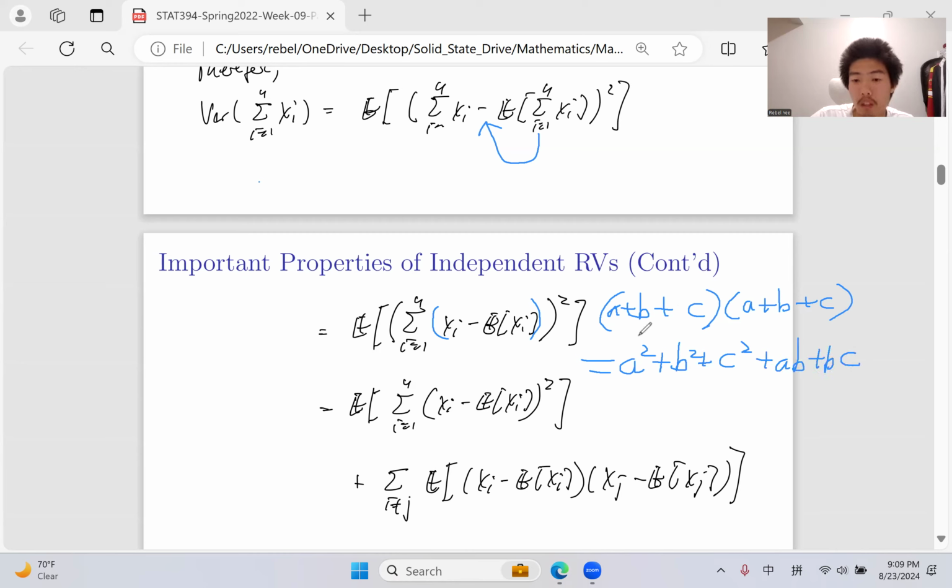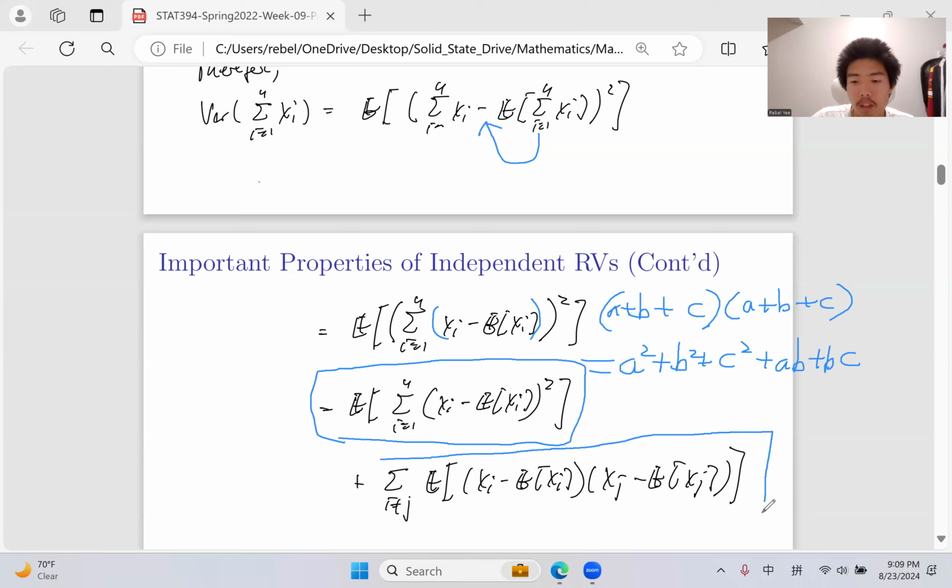A squared, B squared, C squared are here because they use the first index, second index, third index, so they are summed up by this direct square. And when i is not equal to j, which means A not equal to B, B not equal to C, A not equal to C, in this situation we can form it in this form.